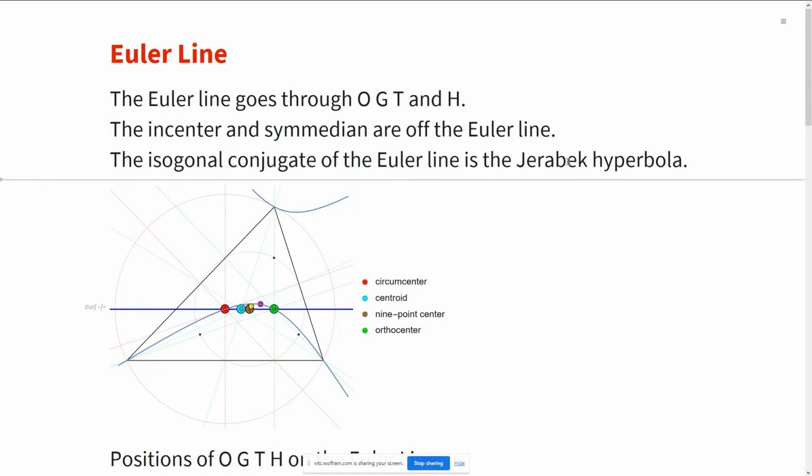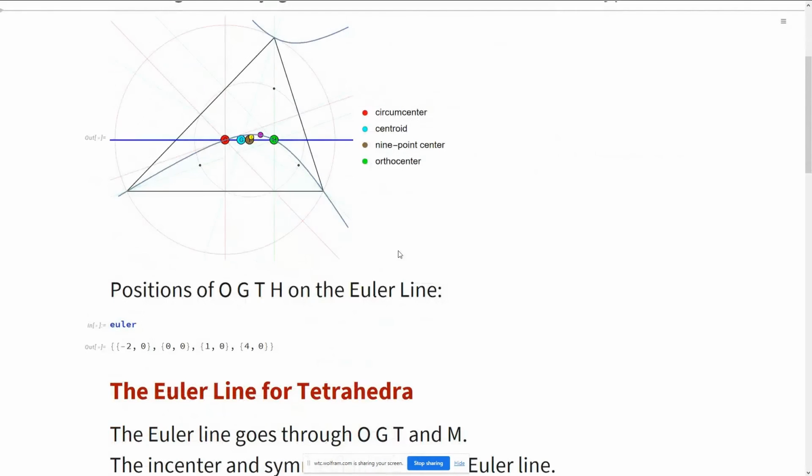It's the Jerabek hyperbola, which I show here. So this is a diagram of the Euler line with a particular triangle where all of these have nice positions. The circumcenter at -2, 0, the centroid at 0, 0, and the orthocenter at 4, 0.